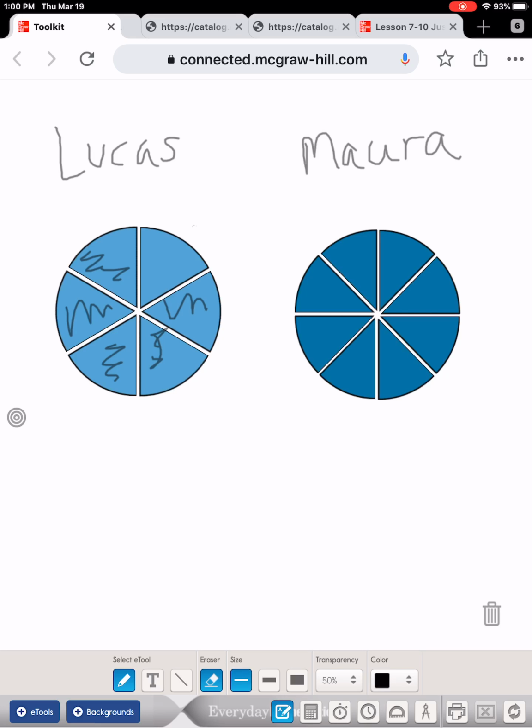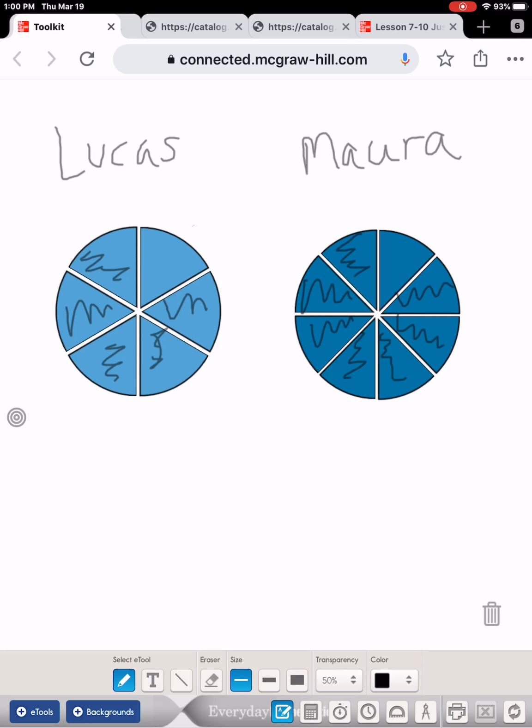Mara ate 7/8. 1, 2, 3, 4, 5, 6, 7. And this last piece is what she has left over.